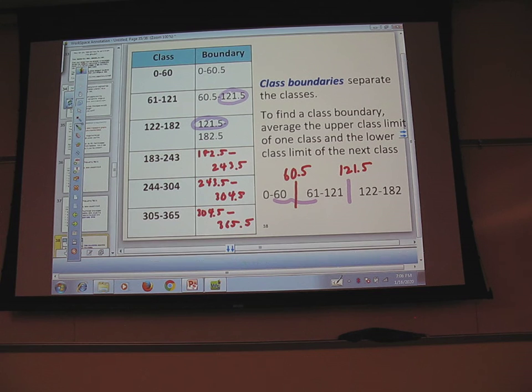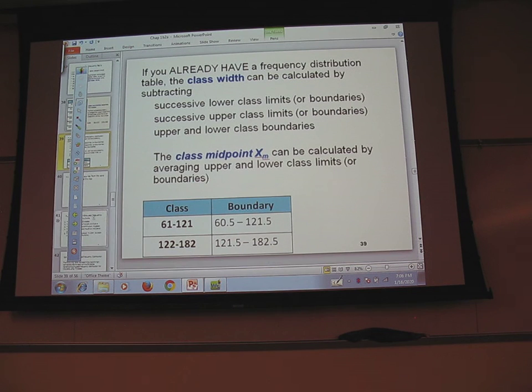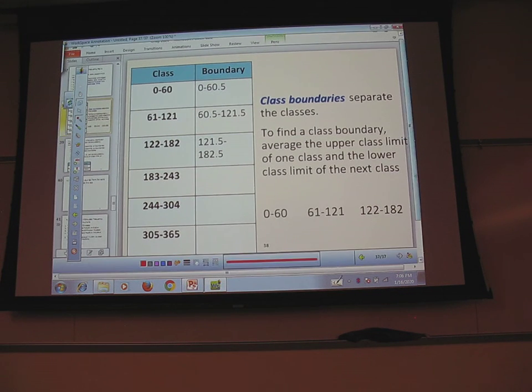So let's just look at the lower boundaries. How far apart are they? 0 to 61, that's 61. And how far apart is 61 from 122?